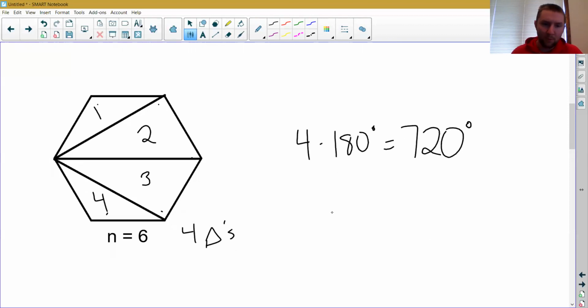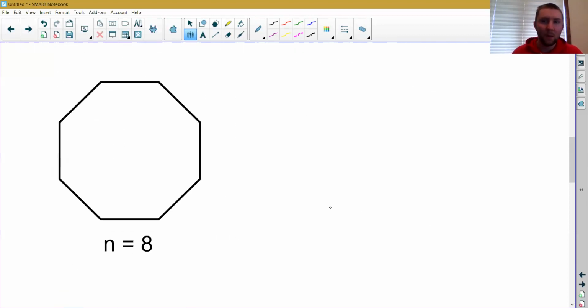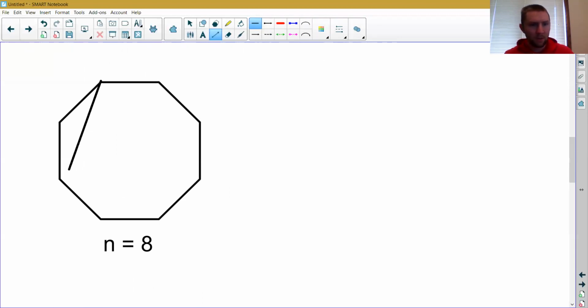Now I have one more example for you, and then maybe we can pick up on the pattern that we're seeing here, okay? Here I have an 8-sided shape, an octagon, and I'm gonna one more time do my diagonal drawing to divide this shape into a bunch of triangles. This time I'm gonna have to draw a bunch of diagonals.